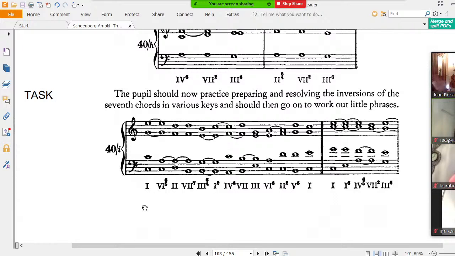You can have 1, 6/4, 1, or 1, 5, 6, 5, 1, 6, whatever, but some kind of tonic prolongation.